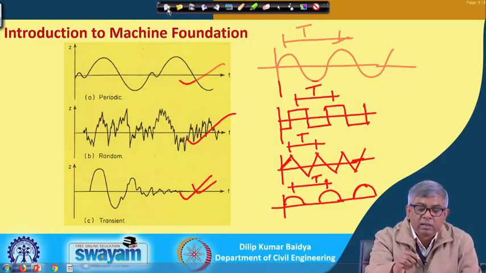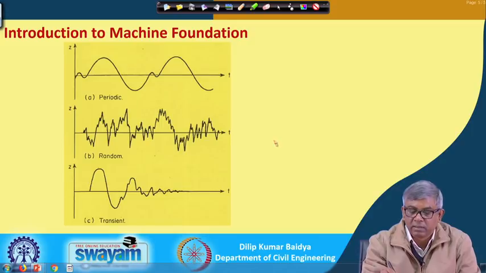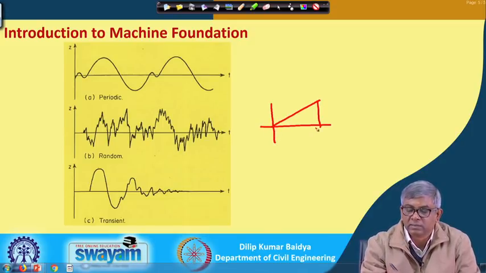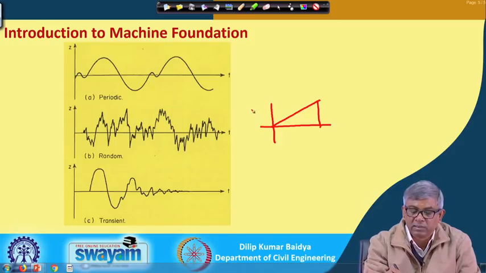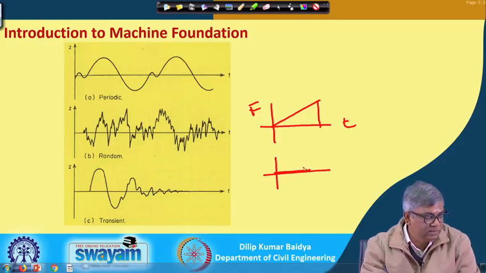Similarly, transient also can be of different types. You can say this is one, and it can be like this, a one-time transient. So, this is force and this is time, and similarly it can be another step. Suppose it goes like this and then it is applied constantly for some time.